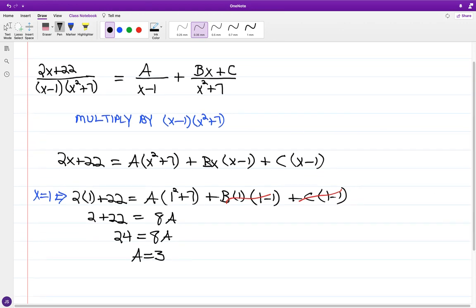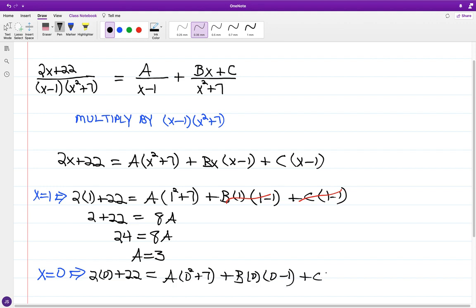Now, the other 0 I can apply will come from the standalone monomial factor x. And if I set this equal to 0, I'm going to have 2 times 0 plus 22, again equal to a times the quantity of 0 squared plus 7 plus b times 0 minus 1 plus c times the quantity of 0 minus 1.